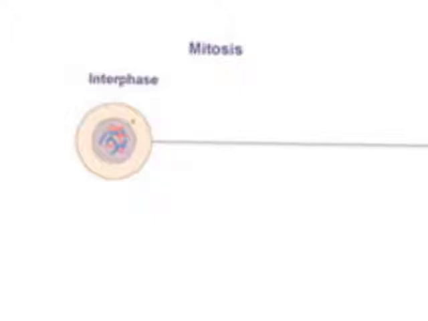Within the interphase, though, there is G1, G sub 1, which is pre-DNA synthesis. It's a growth part of the cell cycle where it's growing, it's developing enough organelles to maintain all the cell functions during synthesis. The next phase it will go through is an S phase, which is the synthesis phase.